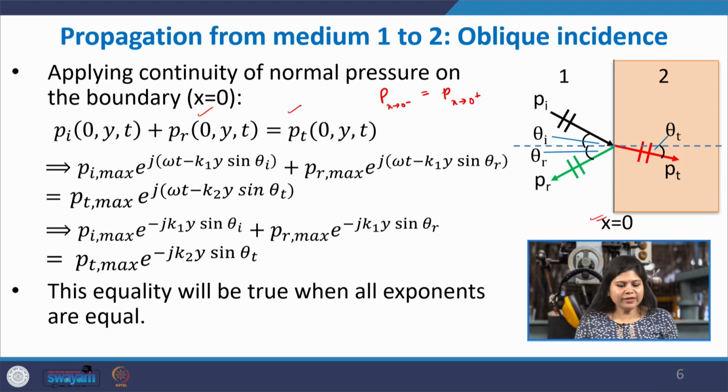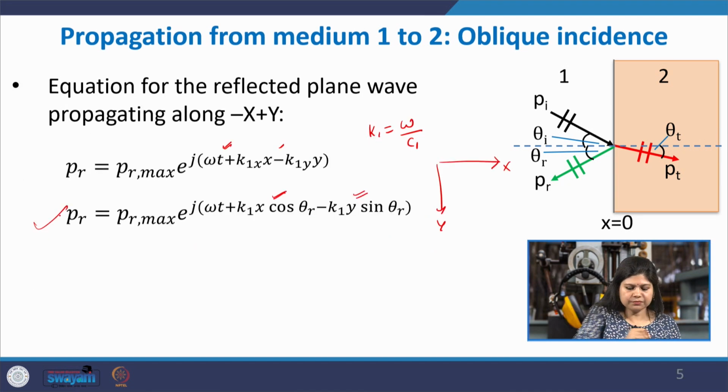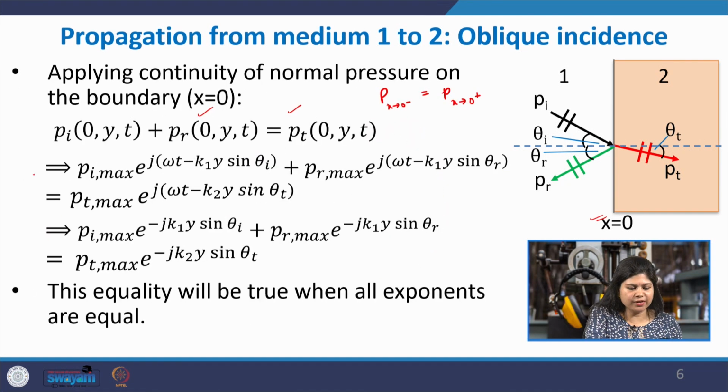So, when you solve it and put x as 0 in the above equations that we have found, you will see that we arrive at this particular format. Now, in order for this equality to hold true, because here we have certain numbers and certain exponential terms being equated, all the exponents need to be equal.